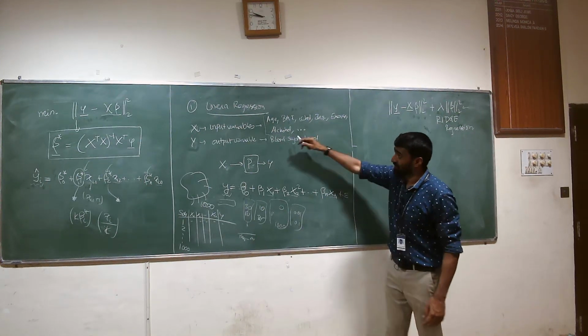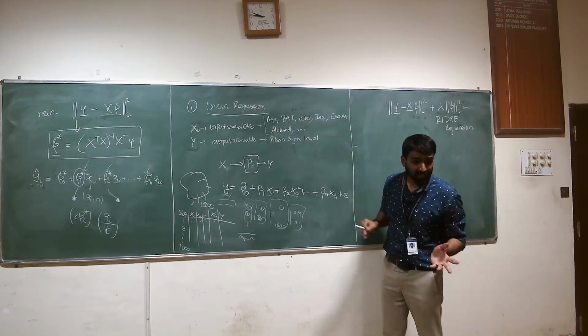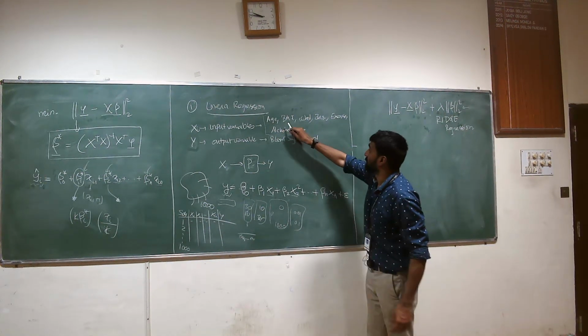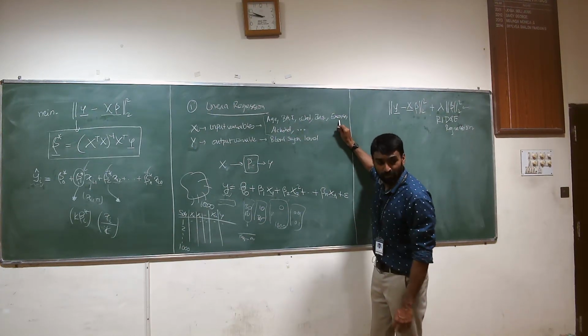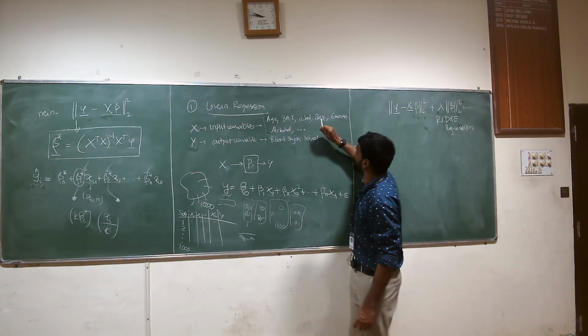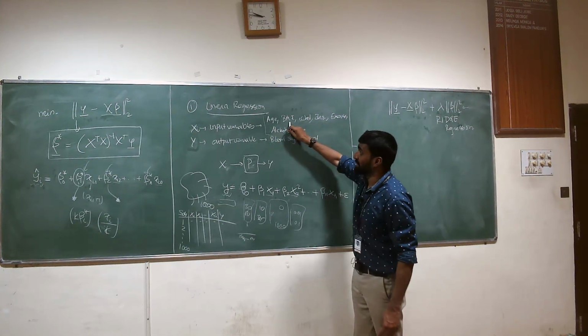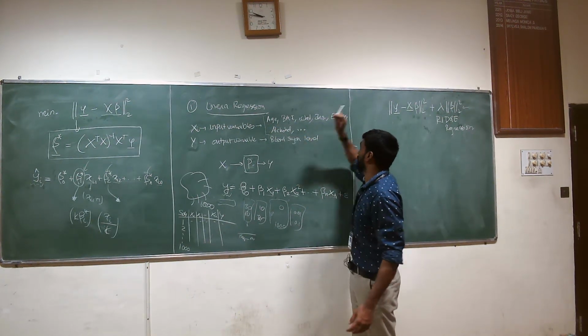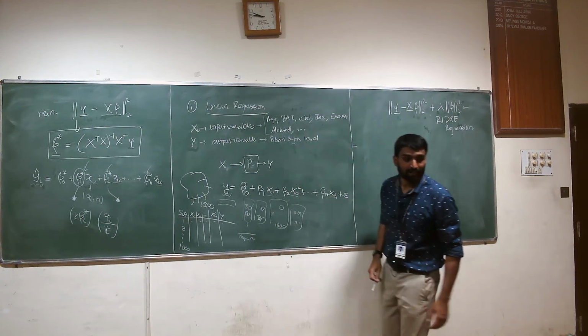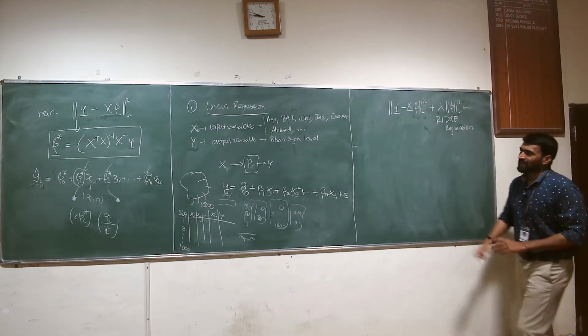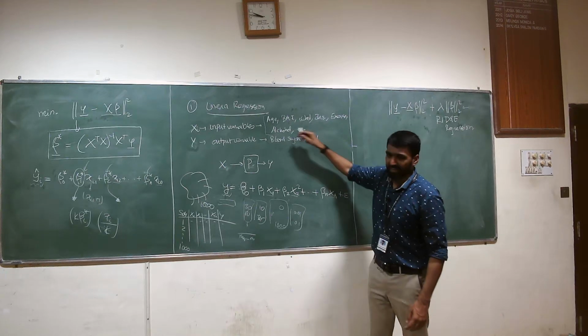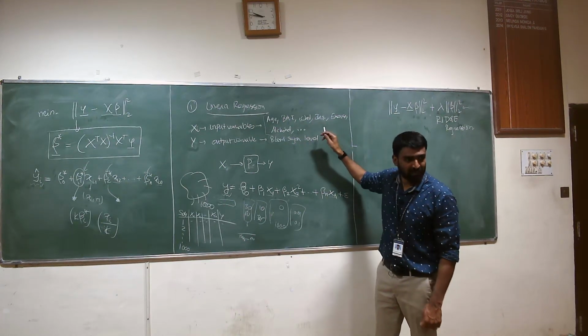If you're measuring hundreds of variables, some of them might be related to each other. For example, my BMI is likely to be related to my exercise, right? Maybe my age is related to my BMI. Maybe the amount of alcohol I consume is related to BMI and all that. So there are likely to be correlations between your measurements here.